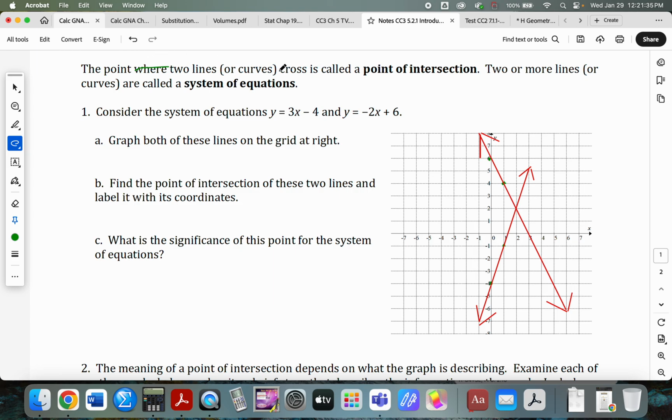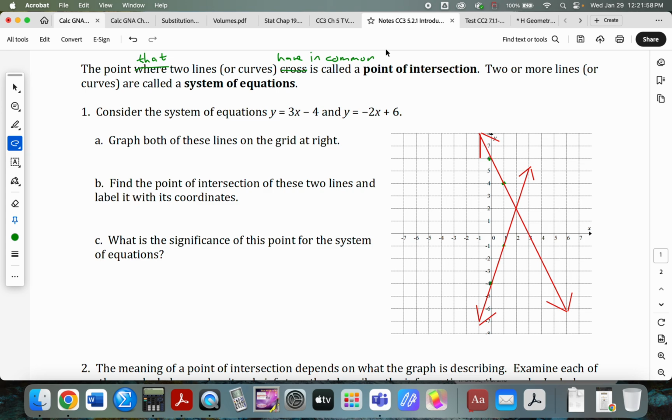We're going to change this to this. This is a better definition. The point that two lines or curves have in common is called a point of intersection.